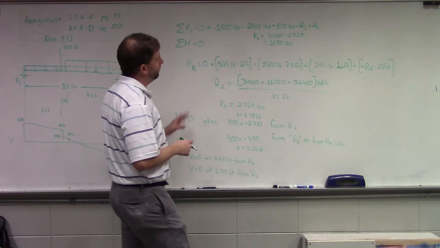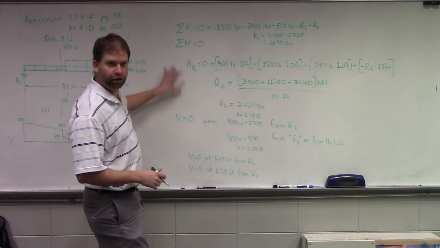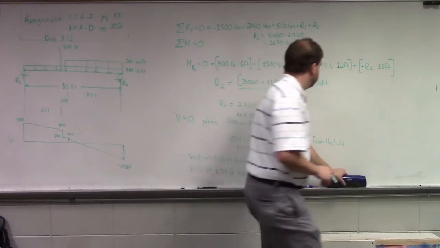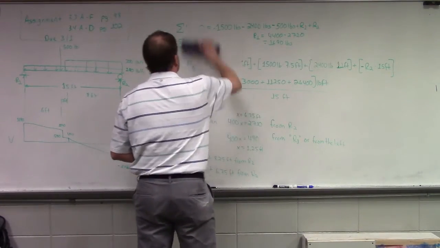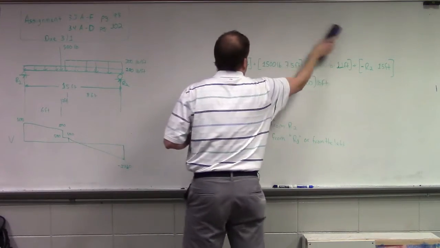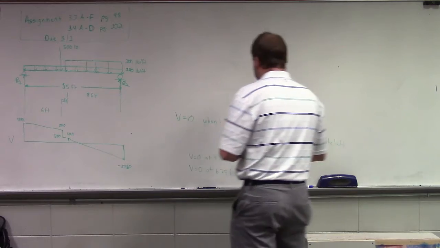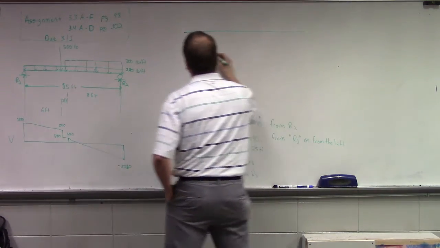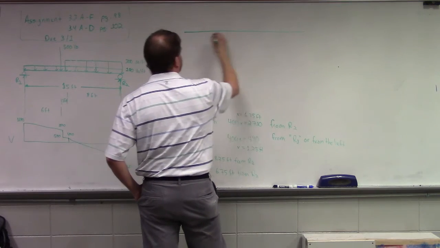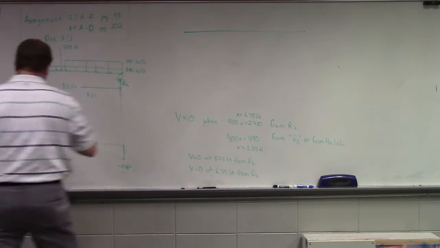So, is everybody good if I make this part about determining the reactions go away to do our bending diagram? Yep. Well, that part I got, I'm saying the bending.